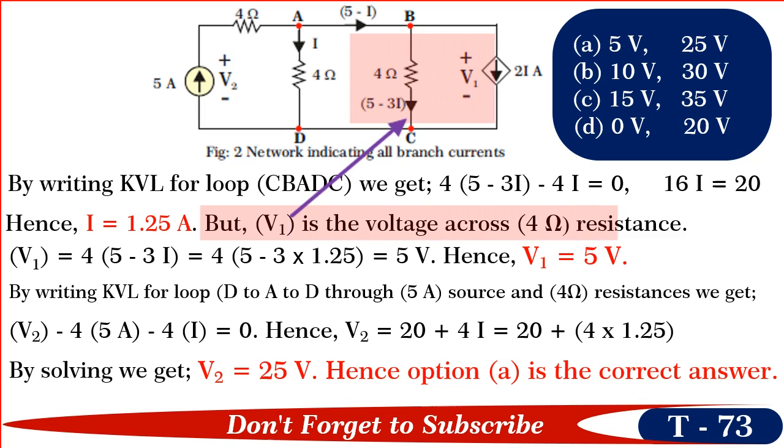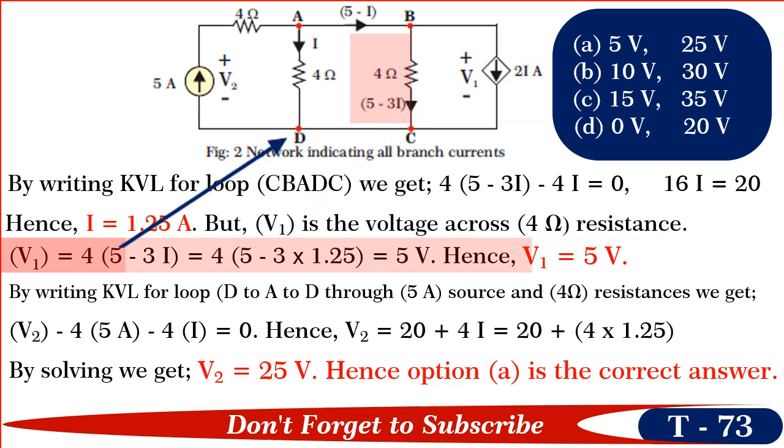But V1 is the voltage across 4 ohm resistance. Hence, V1 is equal to 4 into 5 minus 3I. By substituting I is equal to 1.25 amperes and solving, we get V1 is equal to 5 volts.